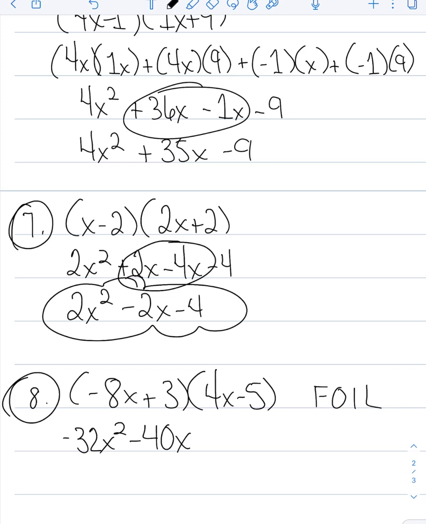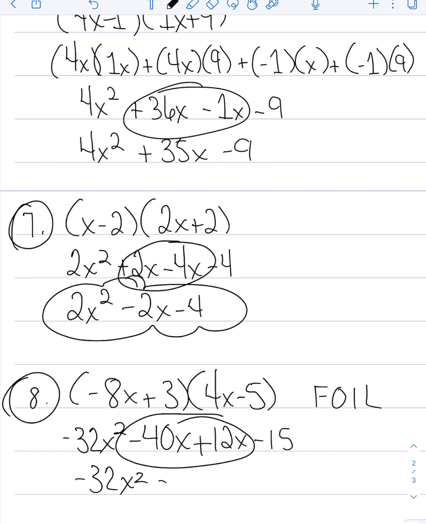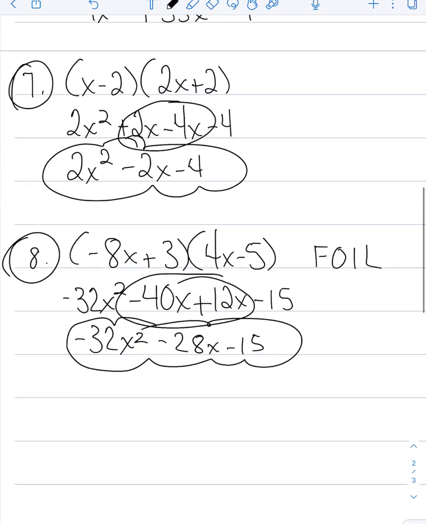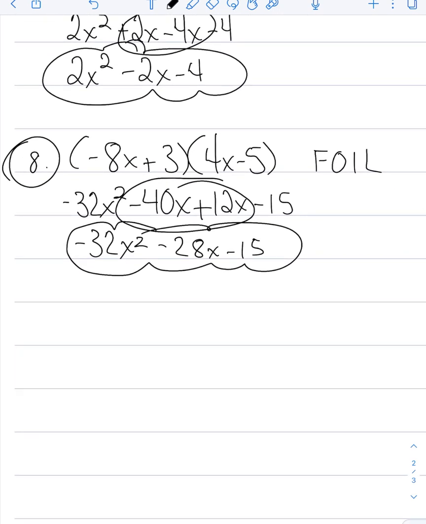Inside terms, 3 times 4x is plus 12x. Last terms, 3 times -5 is -15. And I do notice that 40x plus 12x can simplify. So I have -32x squared, and then I have -40 plus 12 is going to give me -28x minus 15. So my simplified expression or product is -32x squared minus 28x minus 15.